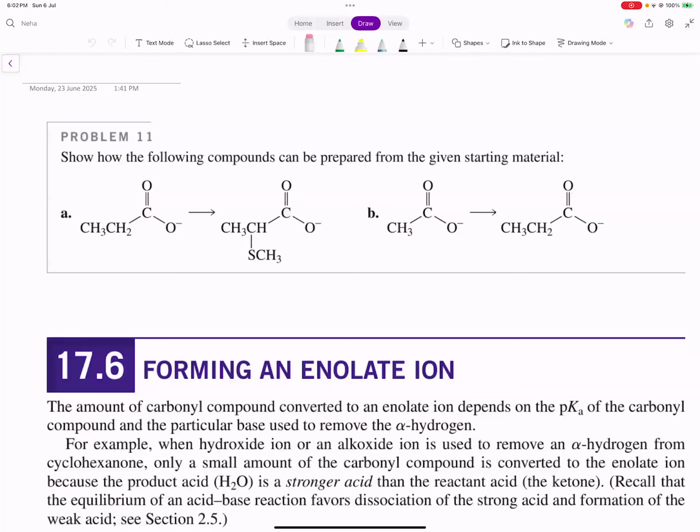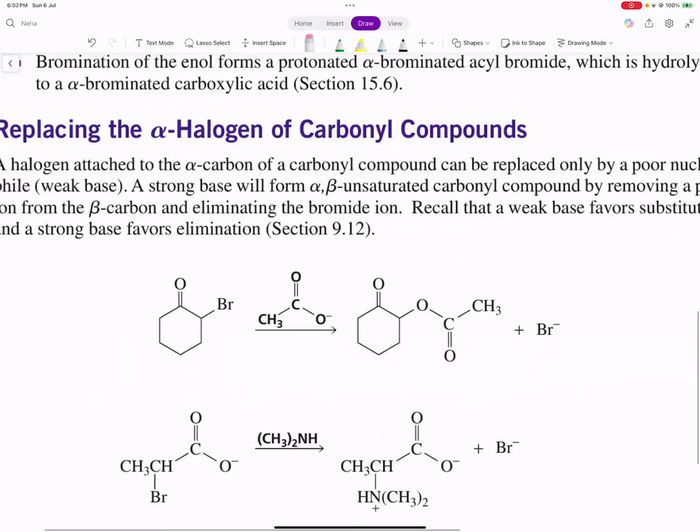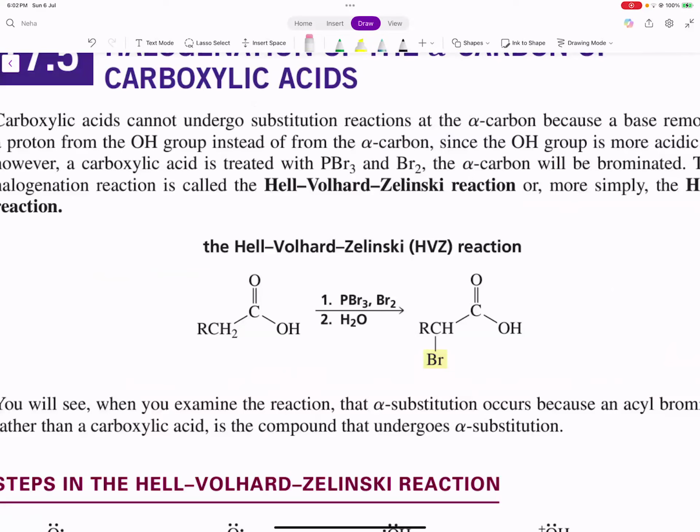See the reagent for this. A reagent is given, right?